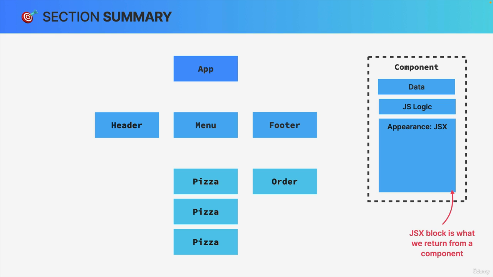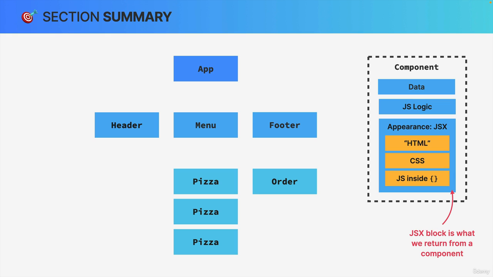And this JSX is what's going to describe exactly what the user will see on the screen when they use the application. And any piece of JSX can contain some markup, basically in the form of HTML. It can contain some CSS, which in this section we wrote using the style prop.